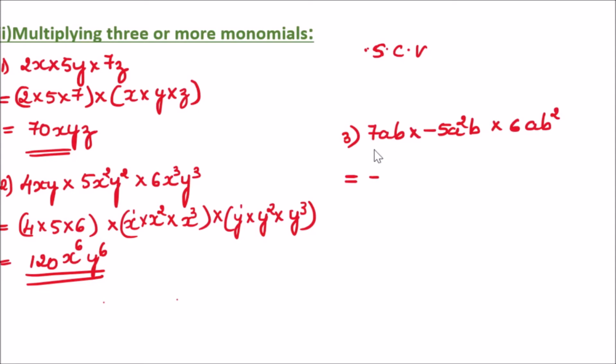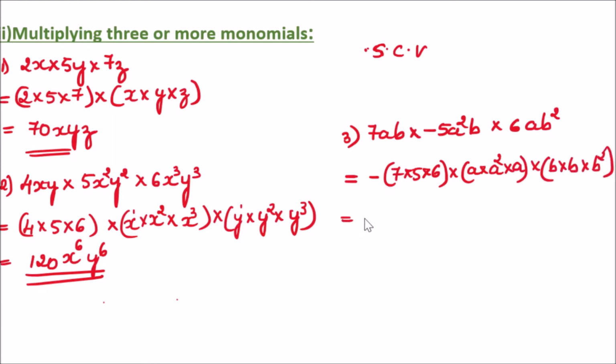Now the constants, the coefficients should be multiplied. 7 into 5 is... okay, we'll write like that. 7 into 5 into 6. Then multiplied by a. a into a square into a. Then multiplied by b into b square.